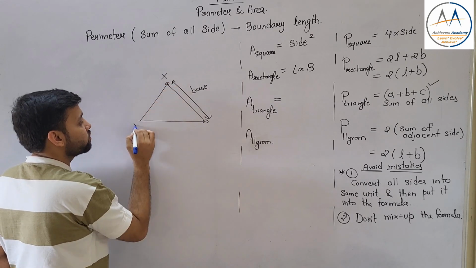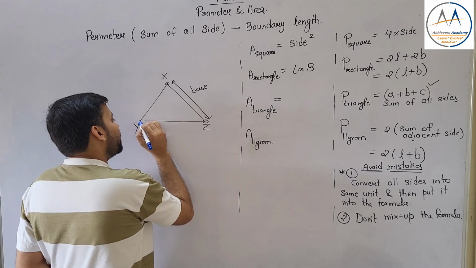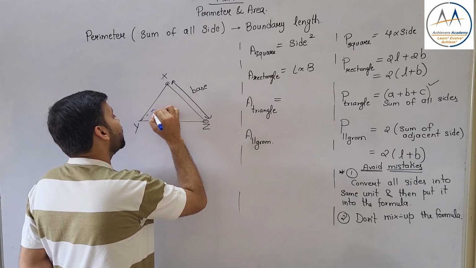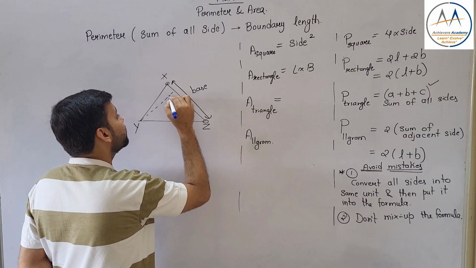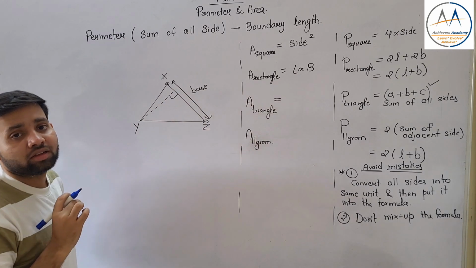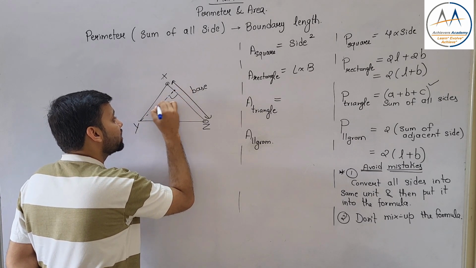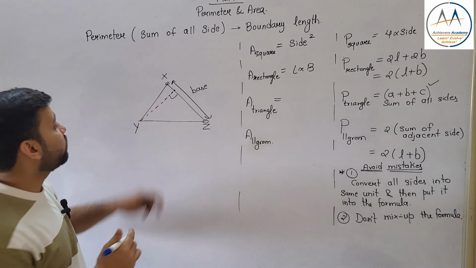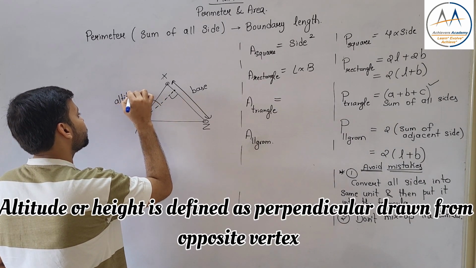In this case, X, Y, Z, the base has X and Z. So take the vertex which is not included in the base and draw a 90-degree altitude, which is called the height of a triangle. From the opposite vertex to the base, this is not a side of the triangle. This is the altitude or height of the triangle.